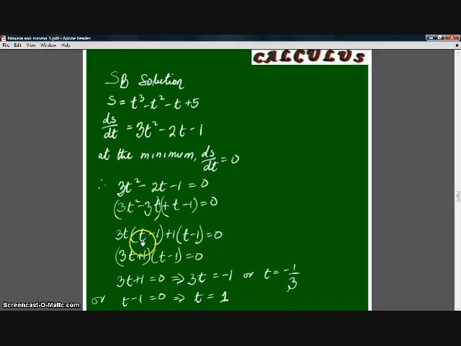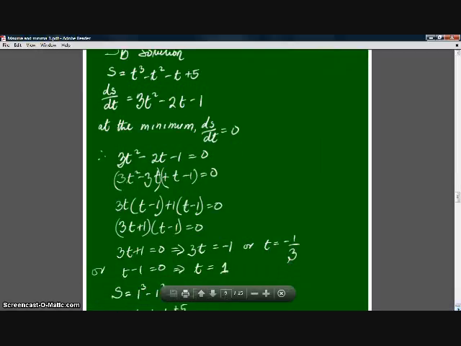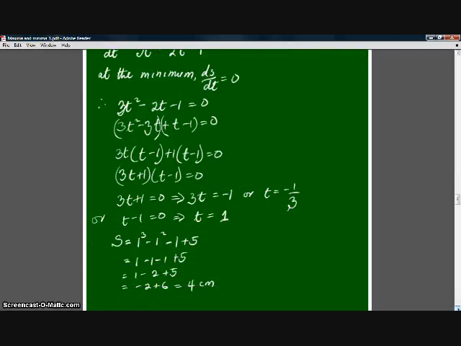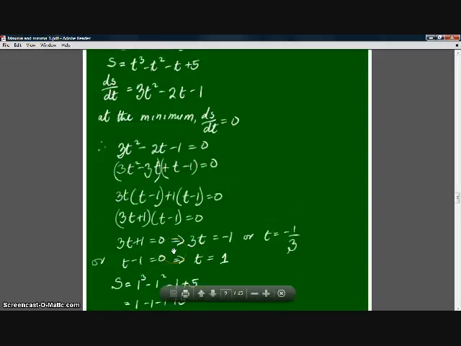So again, what is common? t minus 1 is common. If I bring out t minus 1, I am going to have 3t plus 1 here and t minus 1. So there are going to be two values of t. At this point you have 3t plus 1 into t minus 1 equals 0.